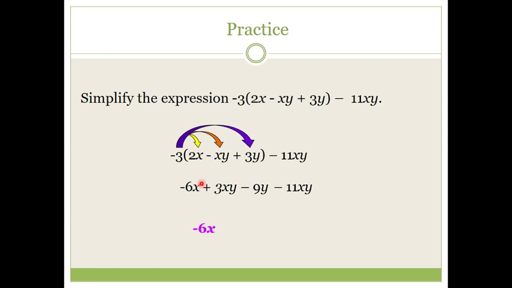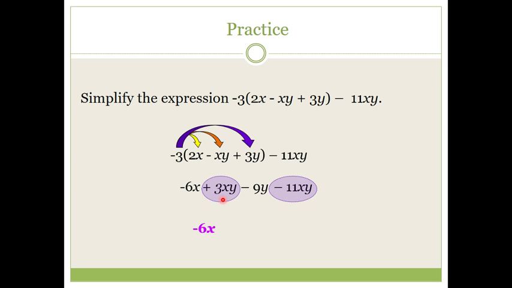I look and see this first term is just an x to the first power. I'm looking at all my other terms for one that just has an x in it, but I don't see any. So I just bring it down, negative 6x. Notice this next term is an xy term, and I have another term that involves both x and y, same variables to the same power.